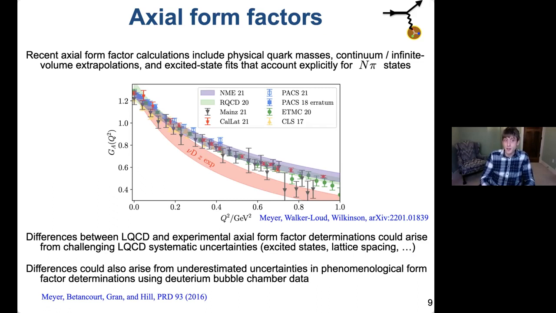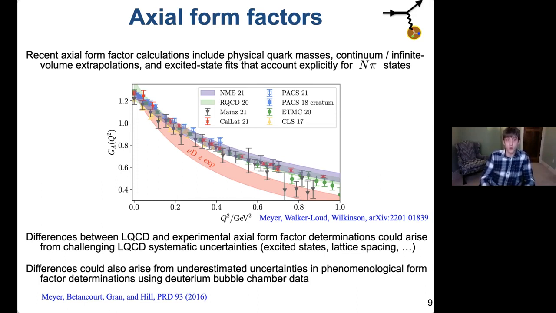Now you'll notice there's some deviations between the lattice results and phenomenological extractions from deuterium bubble chambers, and these could still be arising from challenging lattice systematics, these excited state effects in particular I was just talking about, or the lattice spacing extrapolations, which still need to be performed more comprehensively.